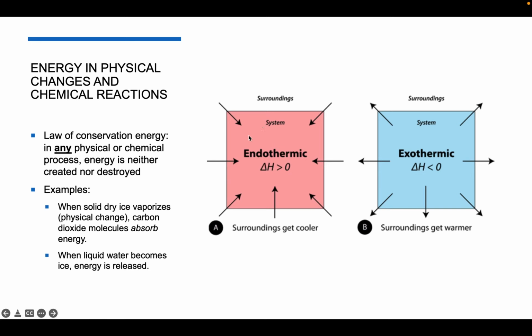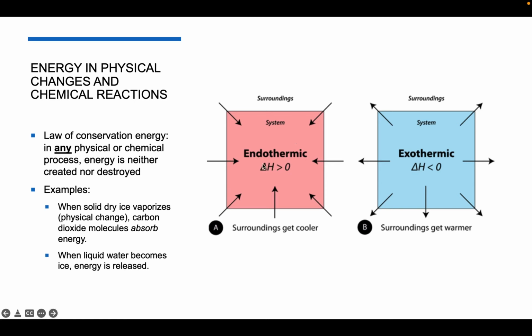Here we have my system and my surroundings. So we have 2 different systems. In this system, we have an endothermic reaction here. Endothermic, that means I'm going to be putting heat in. Endo, you think endo and in. I'm going to be putting heat in.